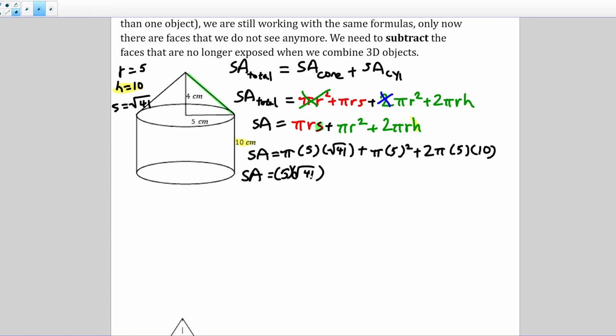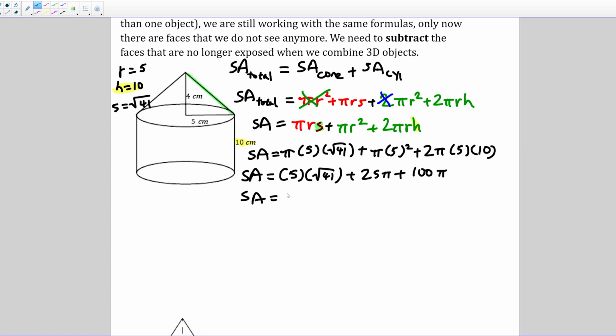And let me clean that up a little bit actually. So 5 times the square root of 41 plus 5 squared gives me 25 pi. Then I've got 2 times 5 is 10 times 10 gives me 100 pi.